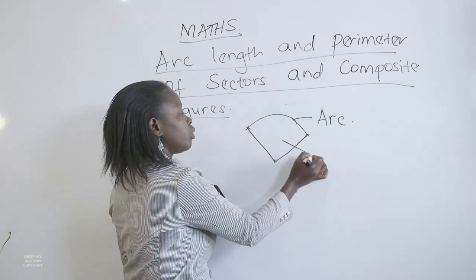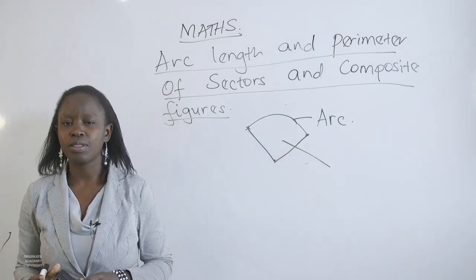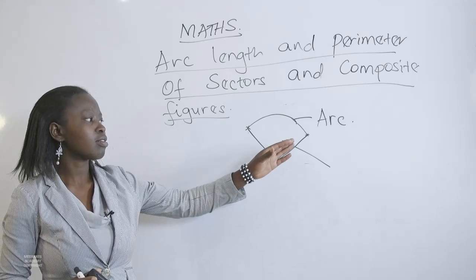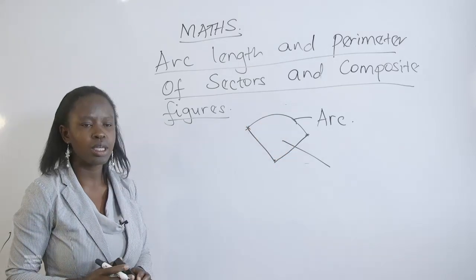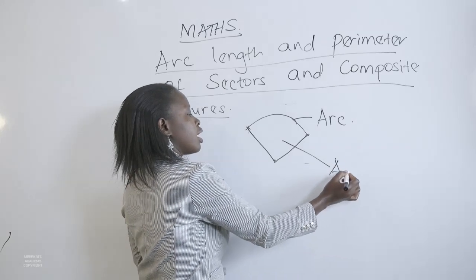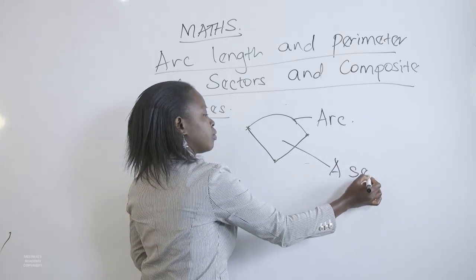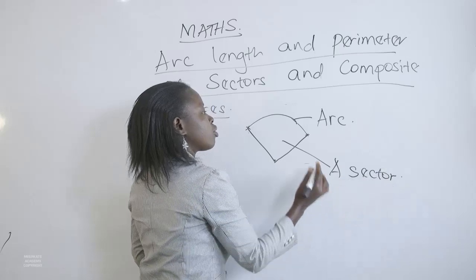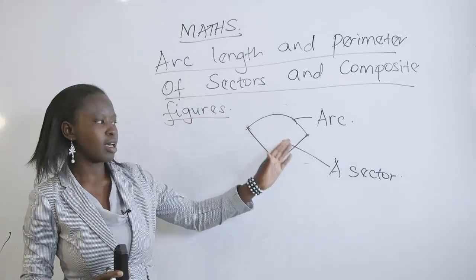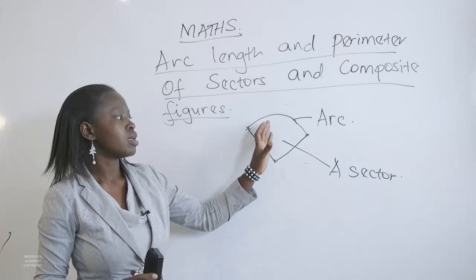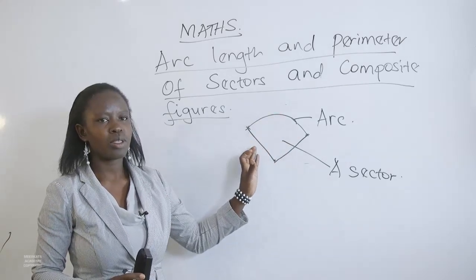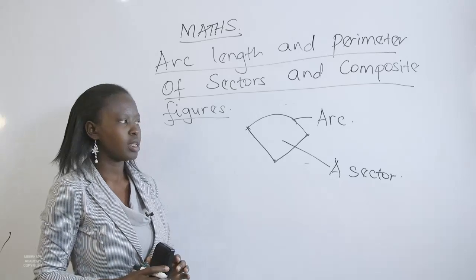So we said that the portion that is surrounded by an arc together with the two radii is referred to as a sector. So we have an arc and a sector. A sector is simply that portion that is surrounded by the arc together with the two radii.